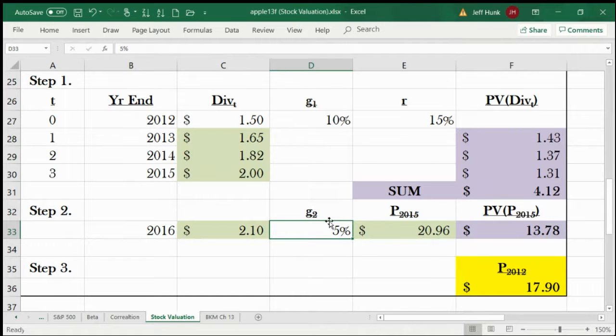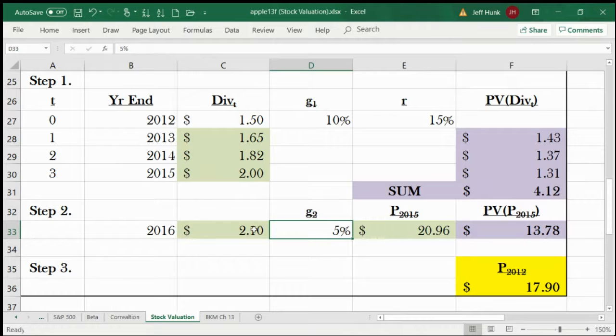I mean, there will be dividends growing at 5%, and there will be the future value of the... but first of all, let's think about it.